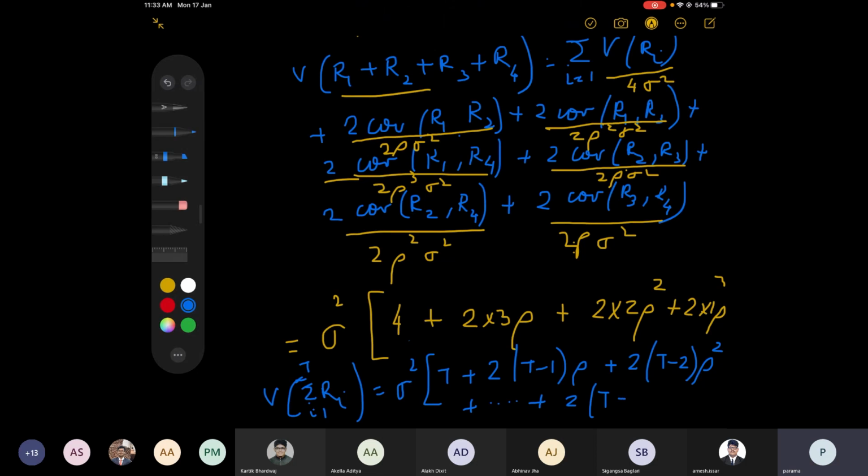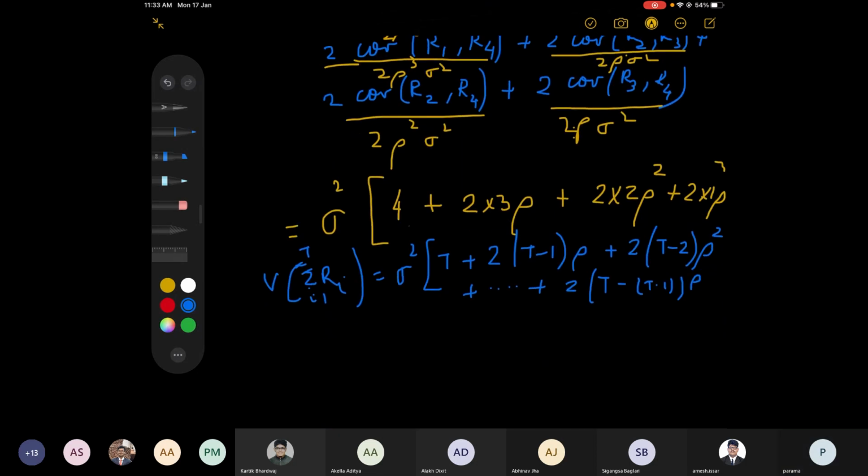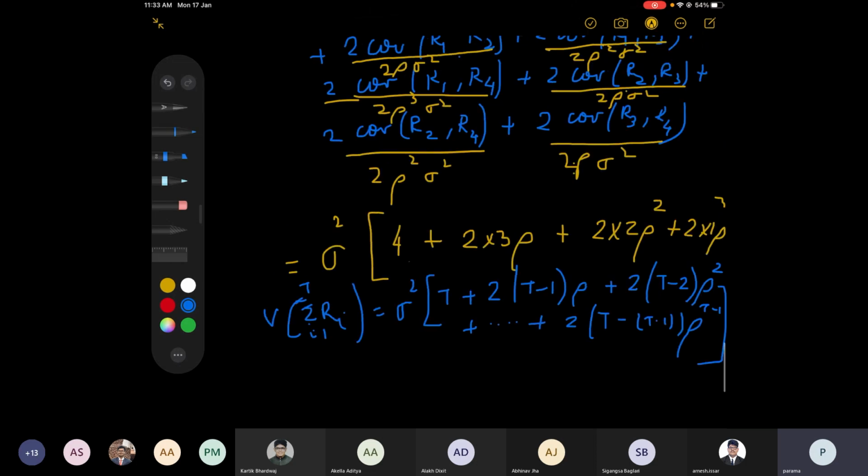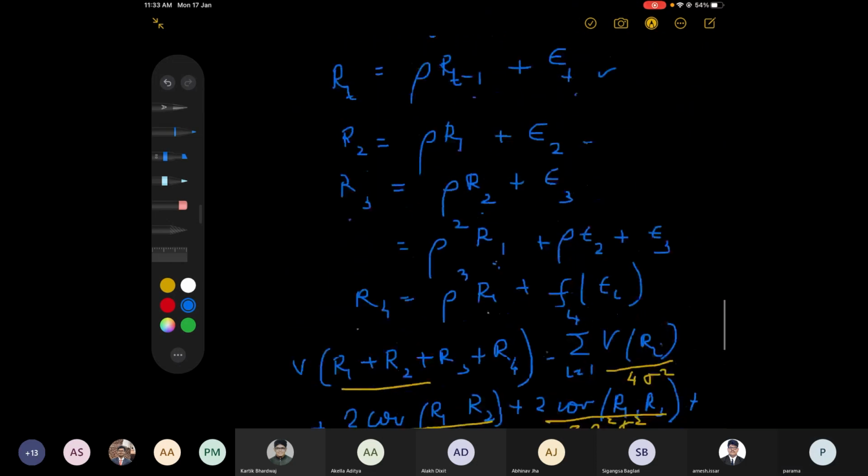So T minus 1 into row to the power of T minus 1. So if we had assumed there is no correlation, that is these rows are zero, you see we have sigma square into capital T, which is what we had earlier.